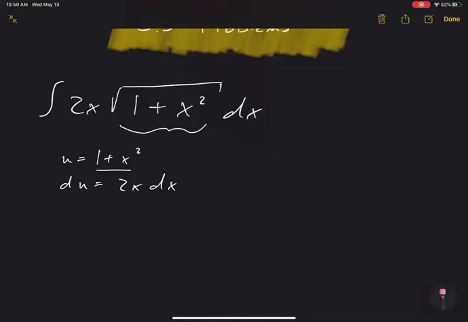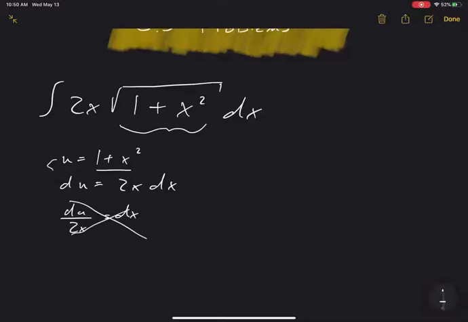Now, the way I do it is I have this third step here where I say, okay, du over 2x equals dx. That's maybe something I do, and other people do it, but I don't think it's necessarily standard. And it's not even necessary in this problem, right?